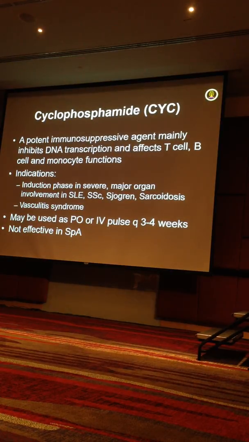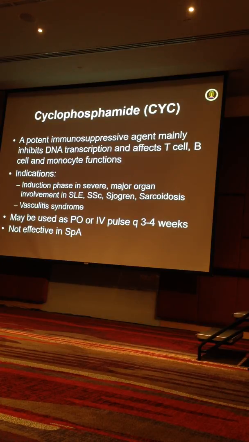For the older cytotoxic agents, cyclophosphamide is still the mainstay for treatment of refractory, severe, life-threatening organ involvement in rheumatic disease, especially inflammatory eye diseases. It's a potent immunosuppressive agent that inhibits DNA transcription.